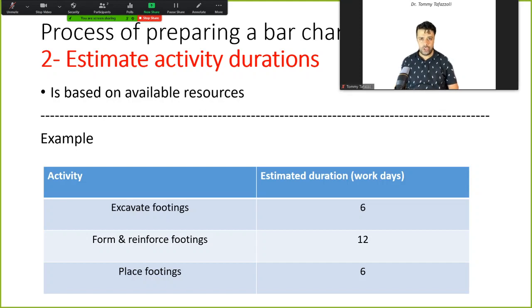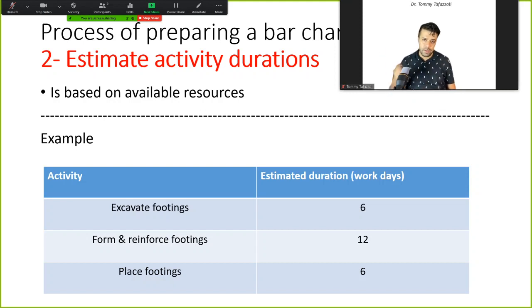It means there should be a lag. For example, once you pour the concrete in slabs, you cannot immediately start the next operations on the concrete because it's not ready. You need to wait 28 days, so there will be a lag.